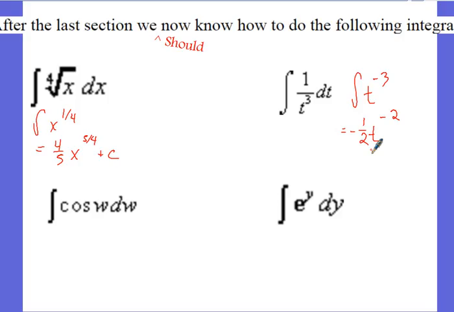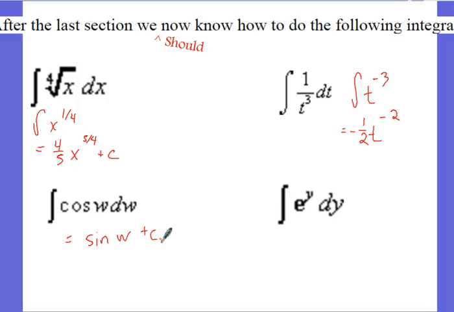The derivative of what is cosine? So what is the antiderivative of cosine? It would be sine. Does that make sense? Because here, this is your derivative, so what was the original? The derivative of what is cosine, and our answer is sine plus c.